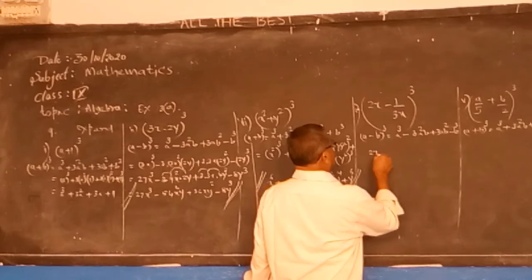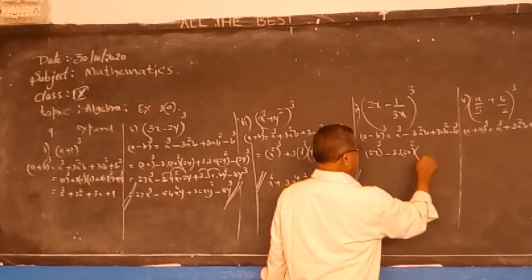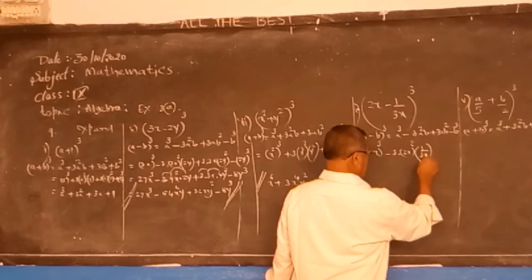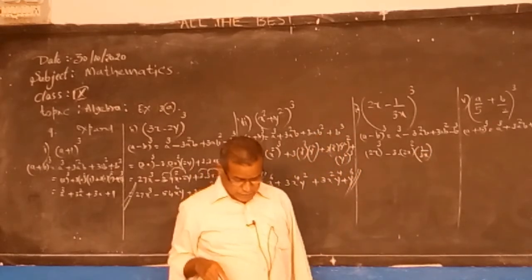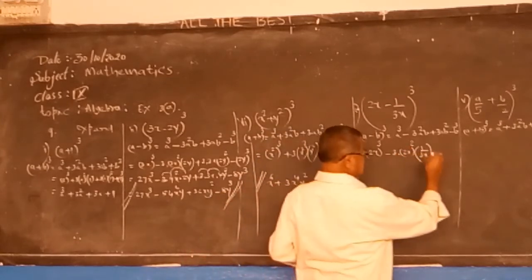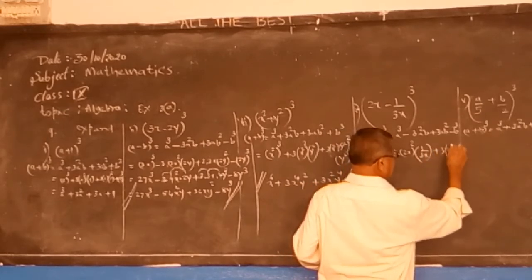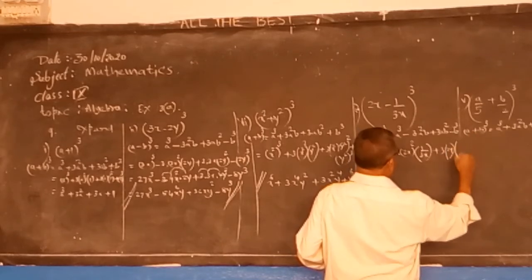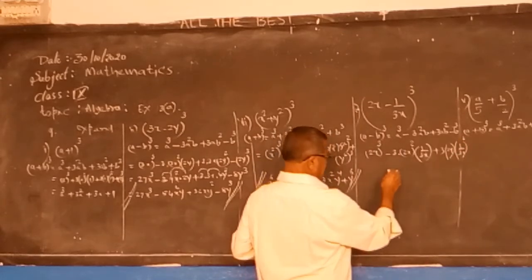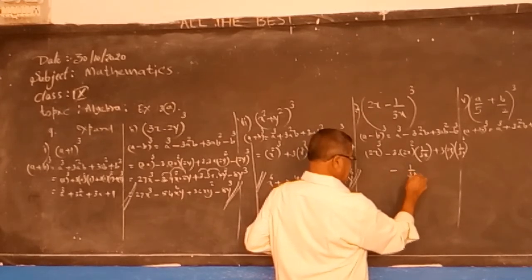A cube, (2x) whole cube, minus 3 into (2x) whole square into 1 by 3x, plus 3 into a which is 2x, b which is (1 by 3x) squared, minus (1 by 3x) whole cube.